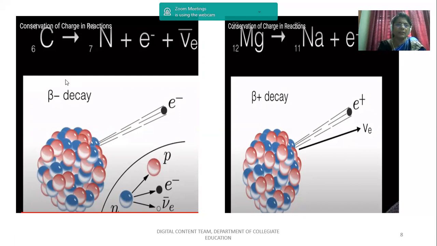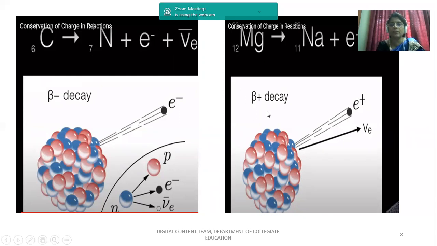And here when you consider the total charge on the left hand side, it is 6, and the total charge on the nitrogen is 7, but the electron being negatively charged with -1 as the charge, 7 minus 1 is again 6. So the total charge on the left hand side is equal to the total charge on the right hand side, which confirms the law of conservation of charge in this particular negative beta decay process.